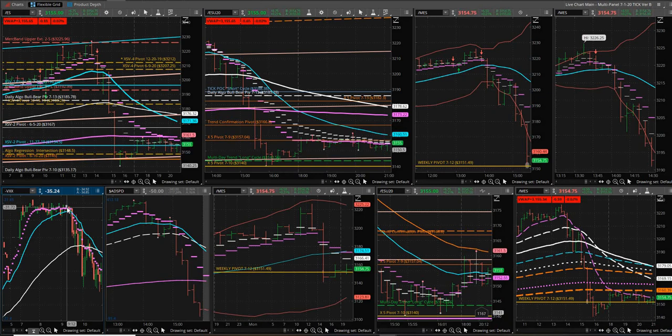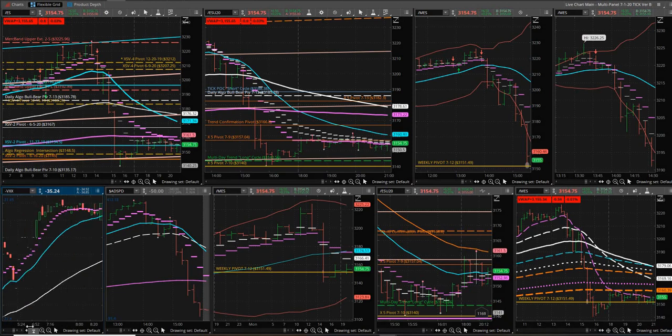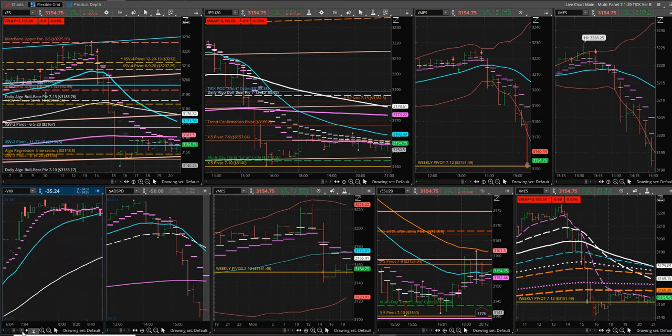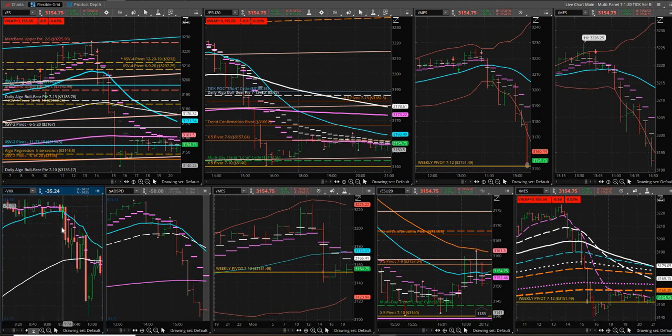That told you that this whole move up was nonsense, but you can get more granular on this during the day. And when you start seeing this kind of activity, again, because it's the inverse VXX, it's supposed to move in the same orientation as ES.